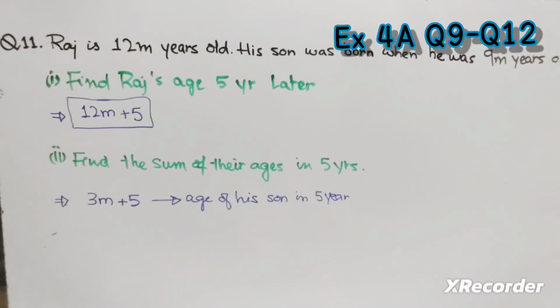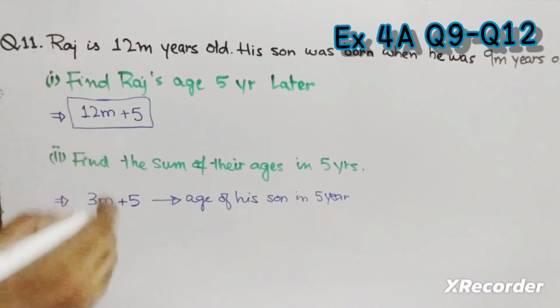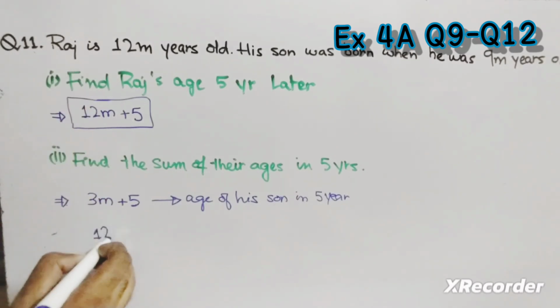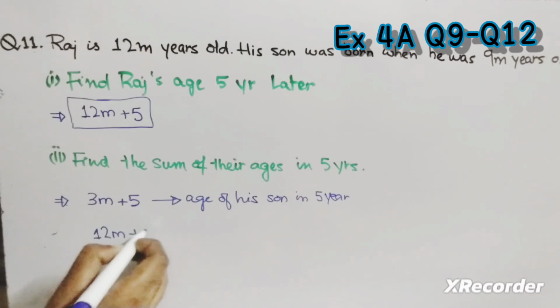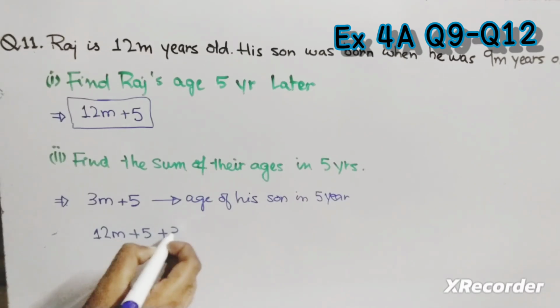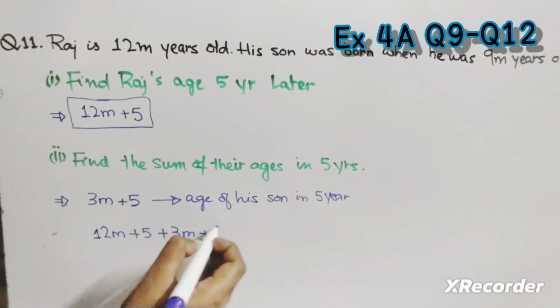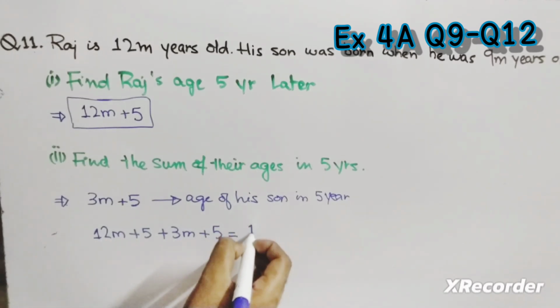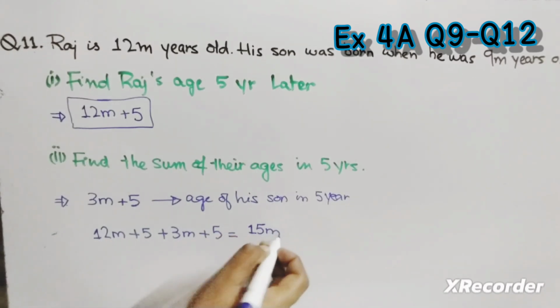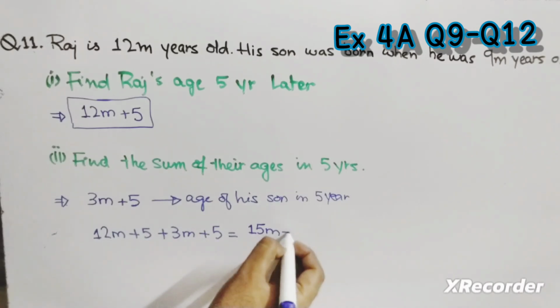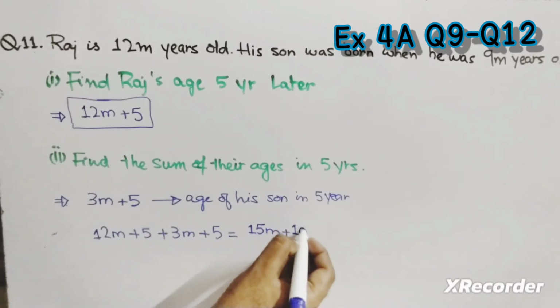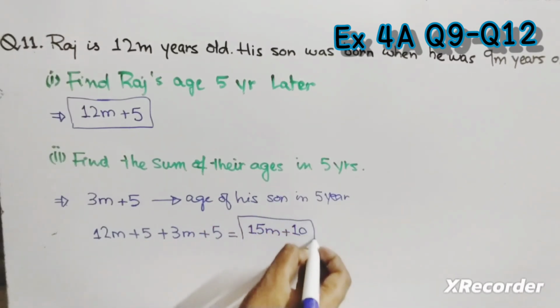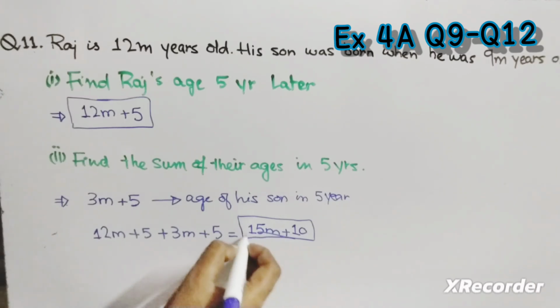Now what is the sum of their ages? So we just add these two numbers, 12m plus 5 plus 3m plus 5. So 12m plus 3m becomes 15m. 5 plus 5 becomes 10. So this is our required sum of their ages.